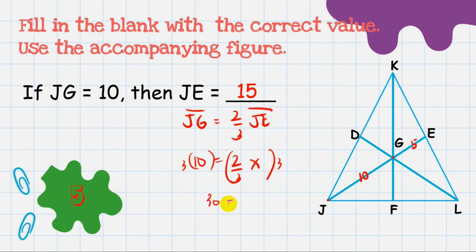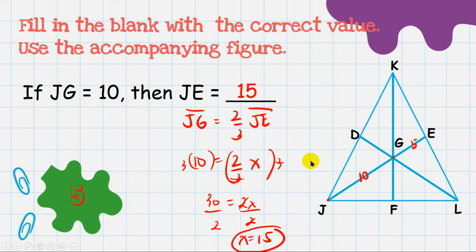So, this is 30 equals, makakancel yan, 2x. Then, divide both sides by 2. So, x is equals to 15. Same din naman po yung kalalabasan niya. Mas mahaba pa nga po ang process nitong isang ito compared dun sa naghanap tayo ng value ng GE and then pinag-add natin yung dalawang yun.